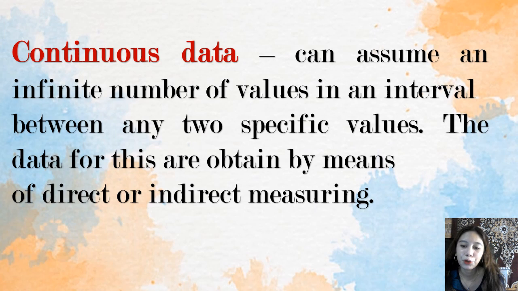Since you have already distinguished the discrete data from the provided examples, let us proceed now to the continuous data. Continuous data can assume an infinite number of values in an interval between any two specific values. The data for these are obtained by means of direct or indirect measuring.